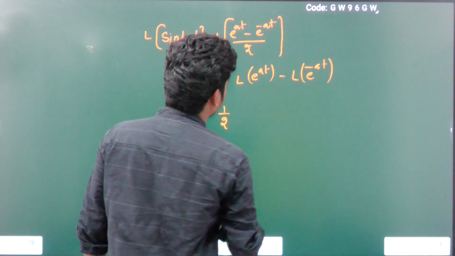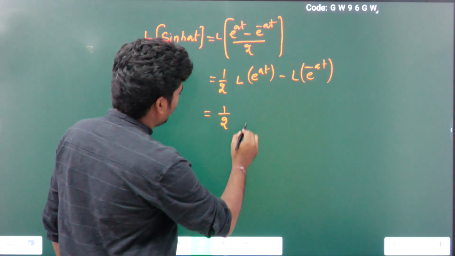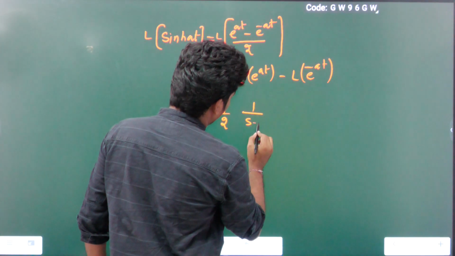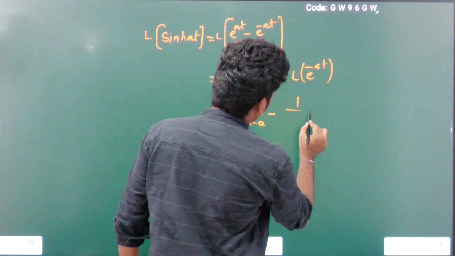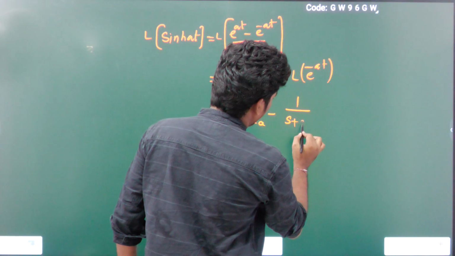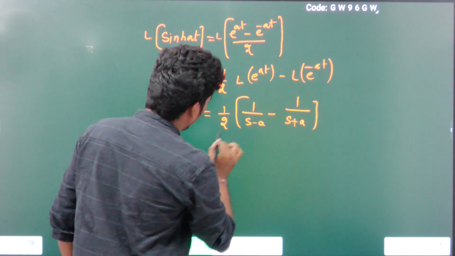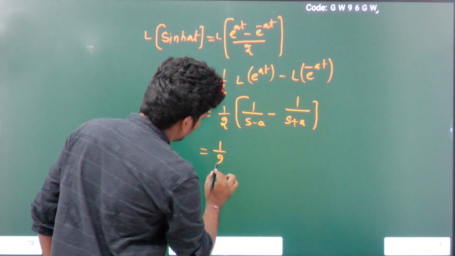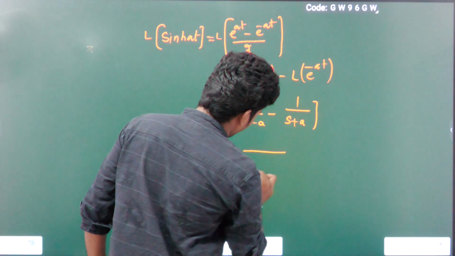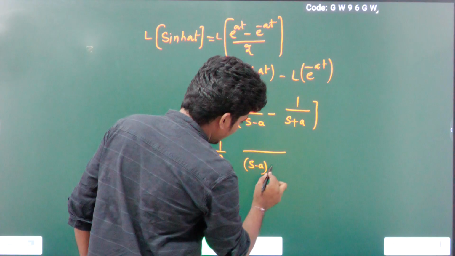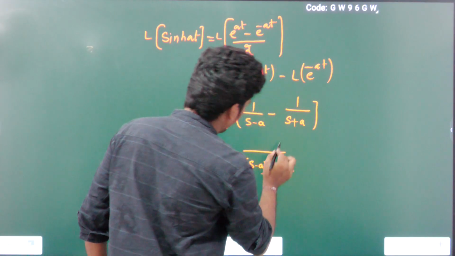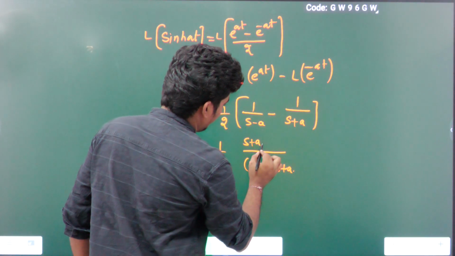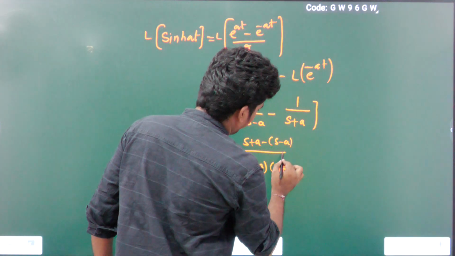As per our discussion just now, 1 by 2 into, e power at means 1 by s minus a, minus e power minus at means 1 by s plus a. We already discussed this part in the first point. 1 by 2 into, if I take the LCM, s minus a and s plus a, so this is s plus a minus s minus a.